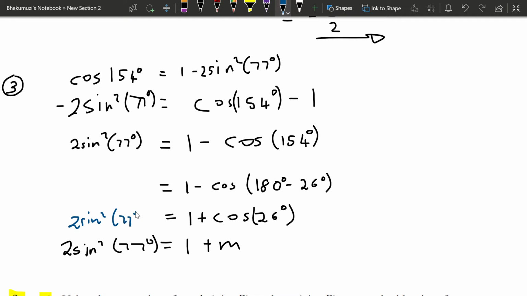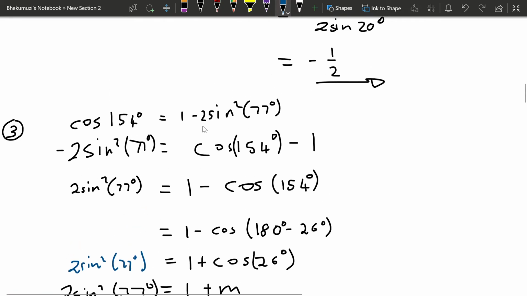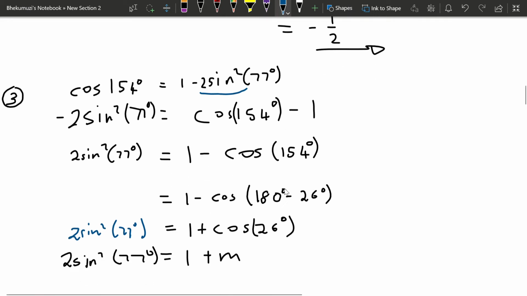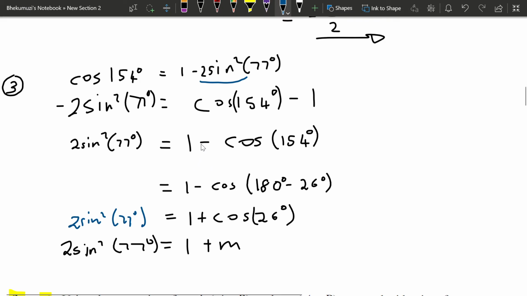I solved for 2 sine to the power 2 of 77 degrees, and we would find that it's actually 1 minus cos 154 degrees, which, remember, came from multiplying 77 times 2.